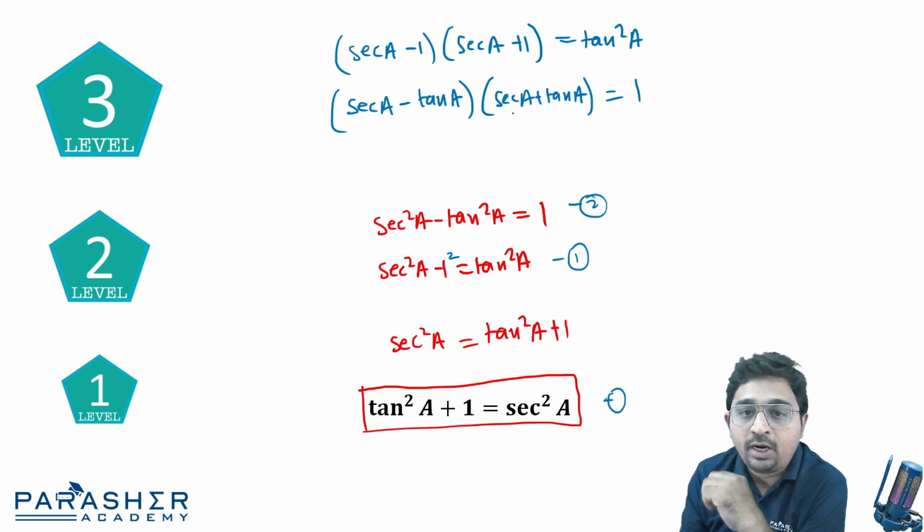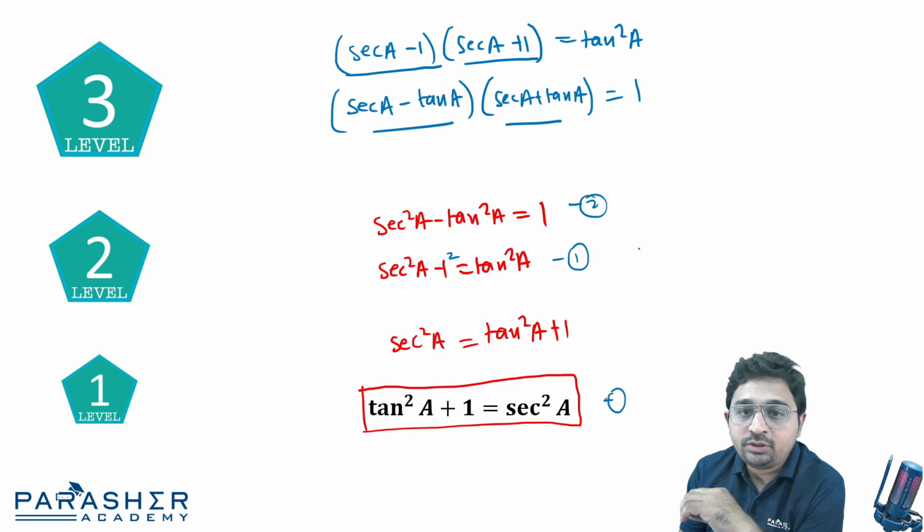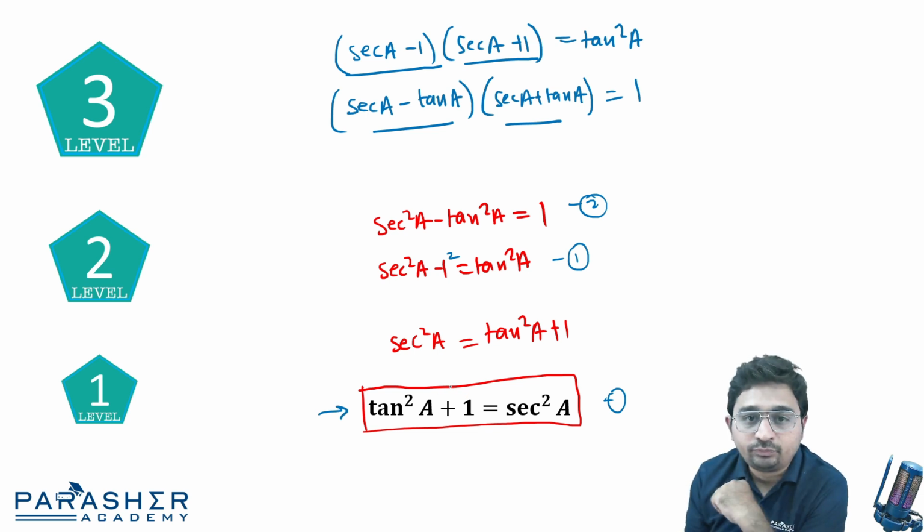I'm saying understand how it has been derived, and in a question, wherever you see this, or this, or this, any one of these, you should get an idea that maybe I can use one of these identities. So that is level 3 of understanding, where you're applying the basic fundamental identity in a new scenario.